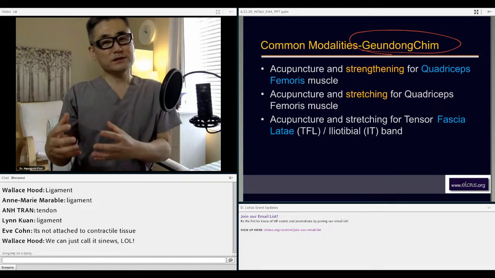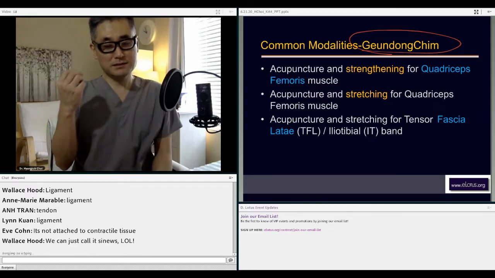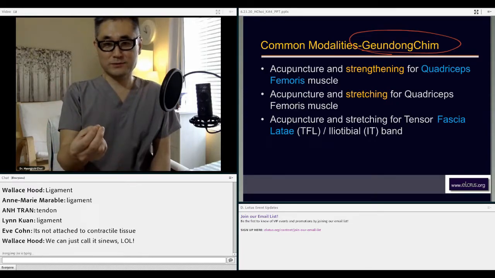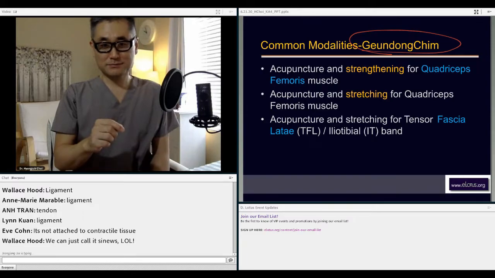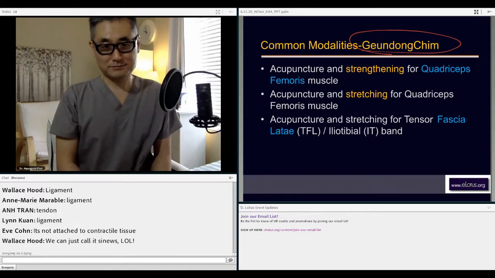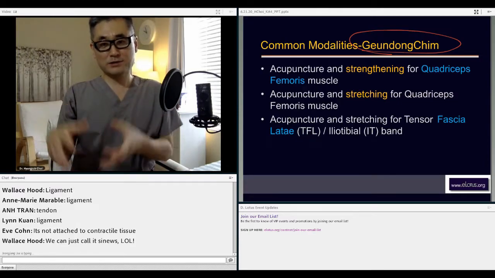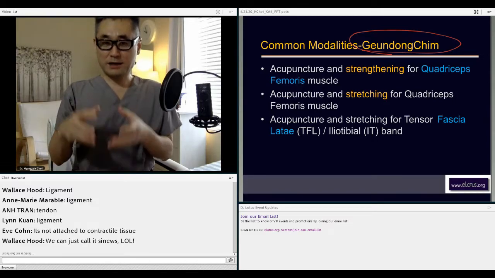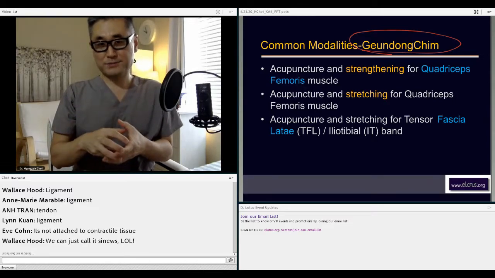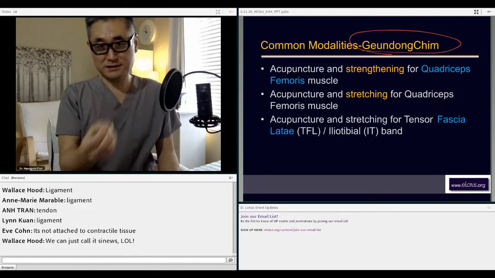Then how can we compensate for them? What if the tear does not recover 100%? That is what is happening to soccer players and martial art players. In those cases, we need to strengthen our quadriceps muscles, hamstring muscles, thigh muscles, because our hamstring and quadriceps muscle can compensate for the function of the ACL ligament.